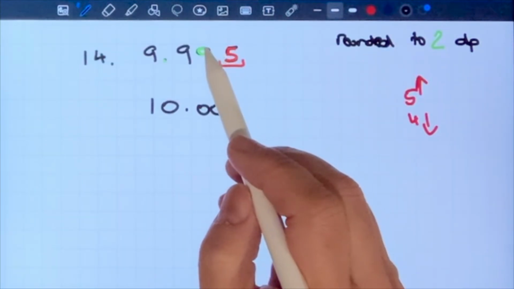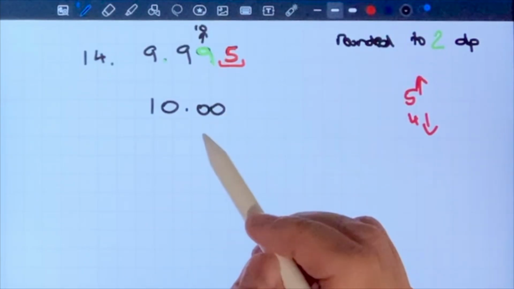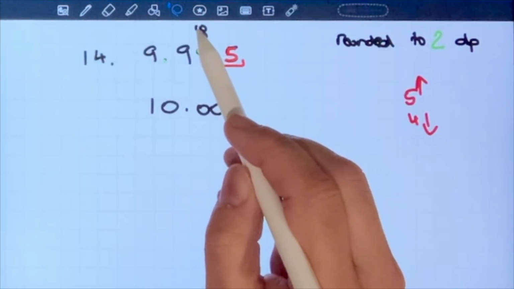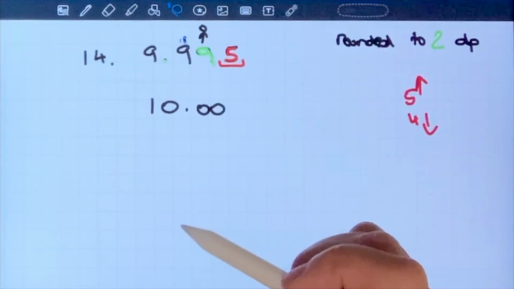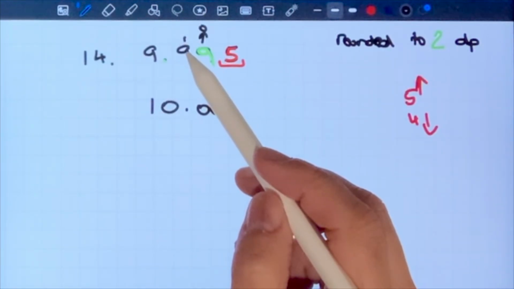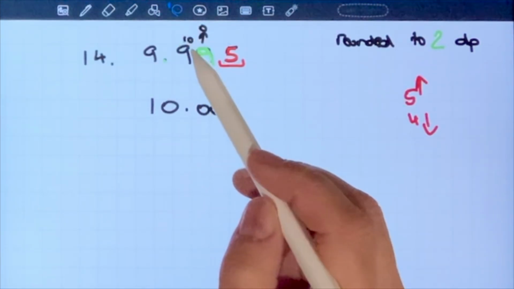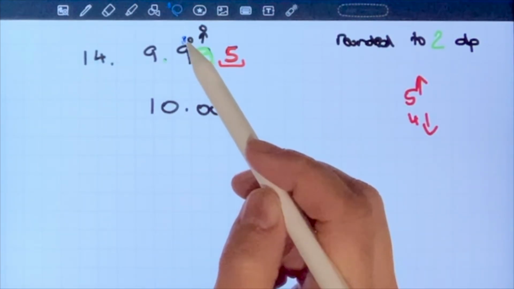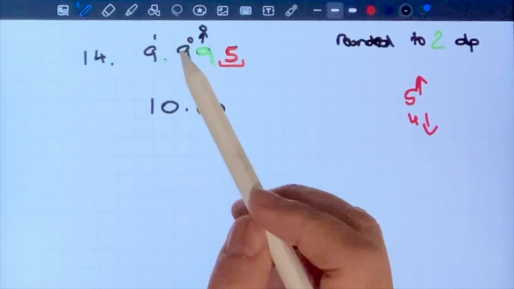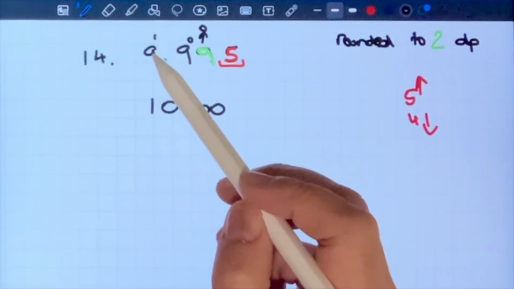So again, 9 gets rounded up to 10. So that becomes 0. And the 1 moves over to here. But then this becomes a 10. So 10, which then means the 1 gets moved over to here. Okay, so you've got 0, 0, and this is 9 plus 1 is 10.